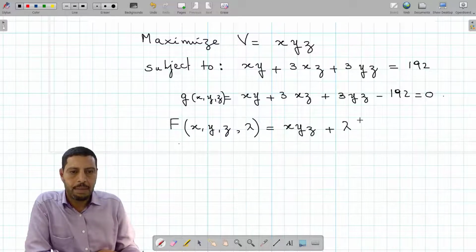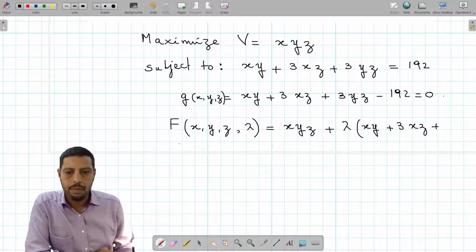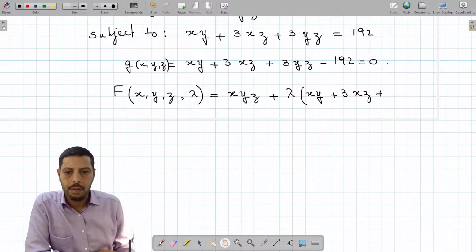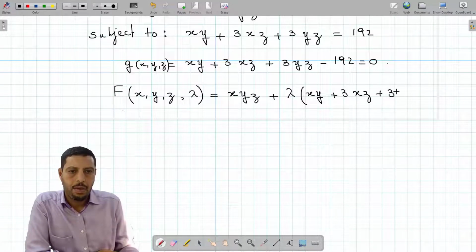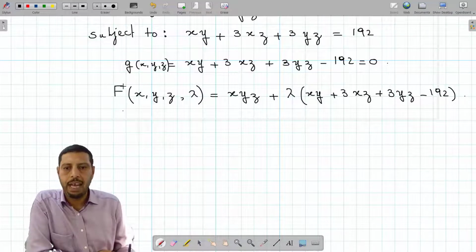So plus lambda times xy plus 3xz plus 3yz minus 192. The next step is to compute the partial derivatives of the capital F function with respect to x, y, z, and lambda.